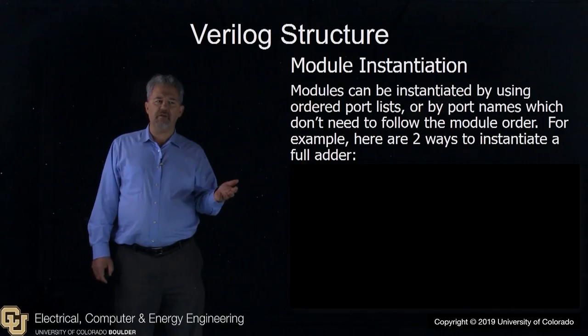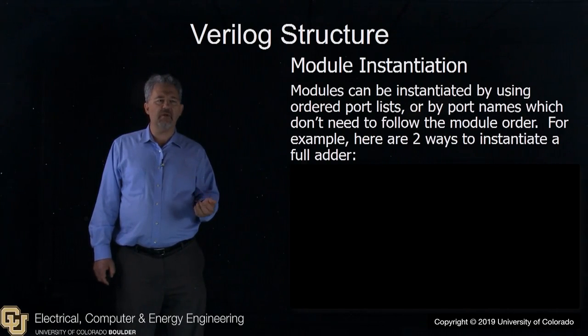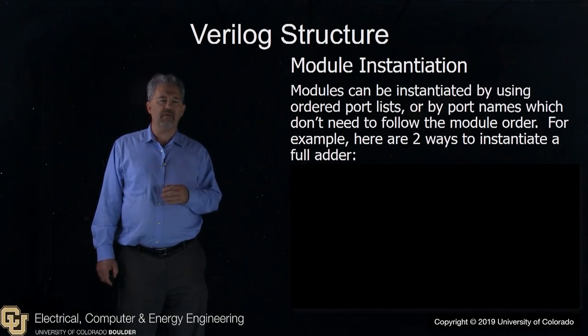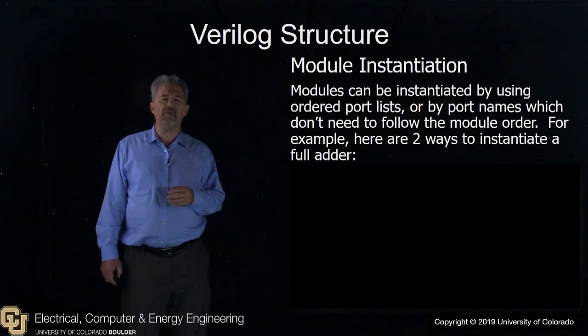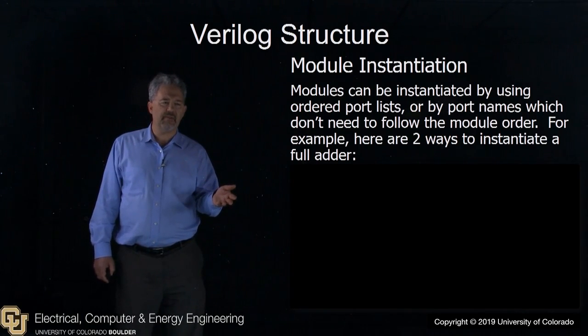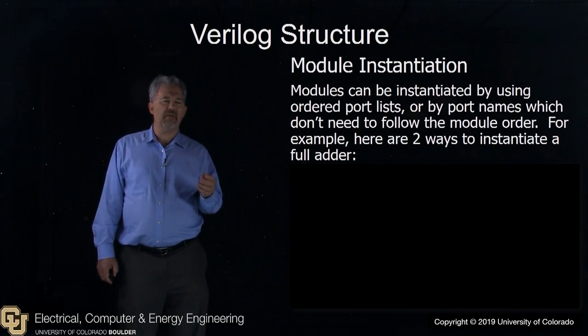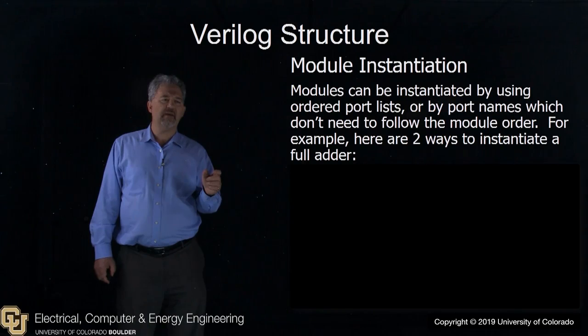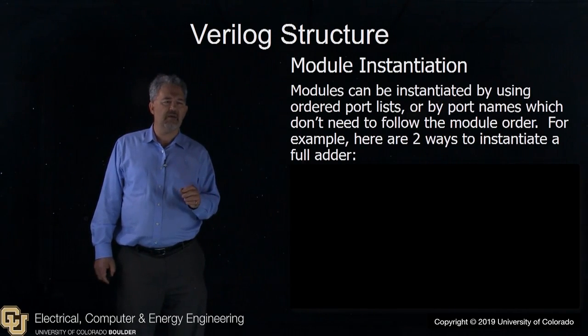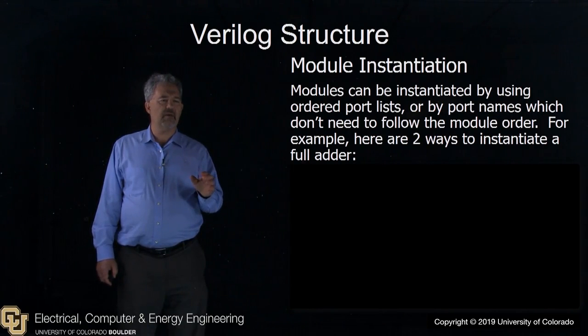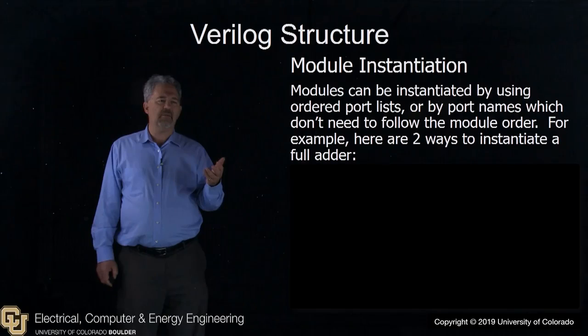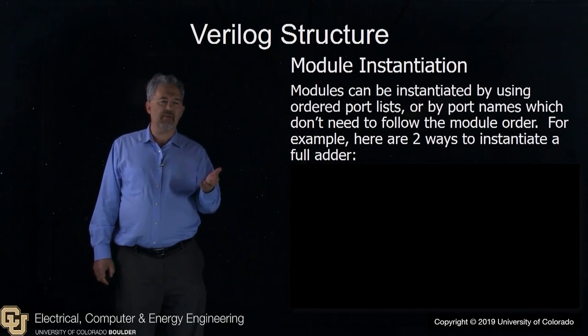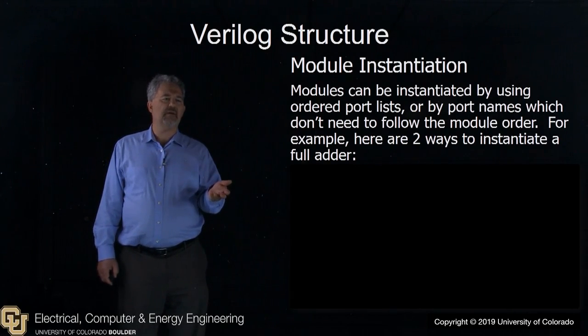The port list can use top-level signal names only as long as they are in the same order as the signals they need to connect to in the original module port definition. So the preferred way, though, is to use signal pairs when you're connecting top-level signals and module signals together. So in that case, both the module signal and the top-level signals are going to be listed.